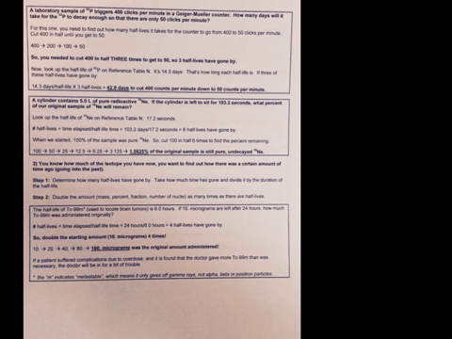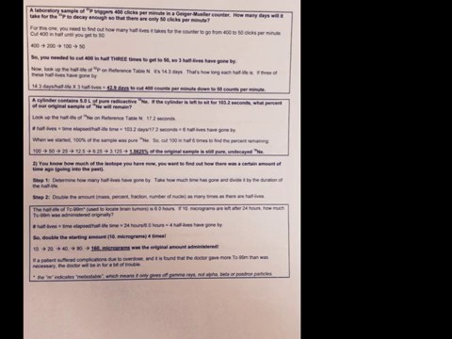All right, let's do a couple more examples. It says a laboratory sample of P32 triggers 400 clicks per minute in a Geiger counter. How many days will it take for the P32 to decay enough so that there are only 50 clicks per minute? So first we have to figure out how many half-lives took place.